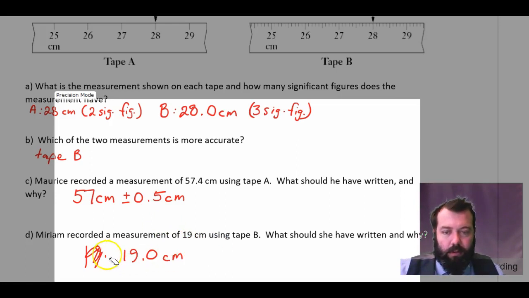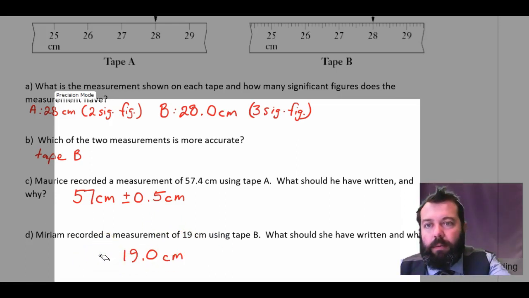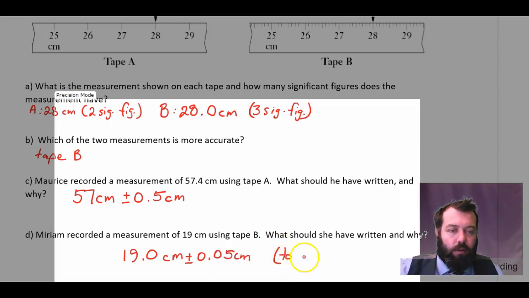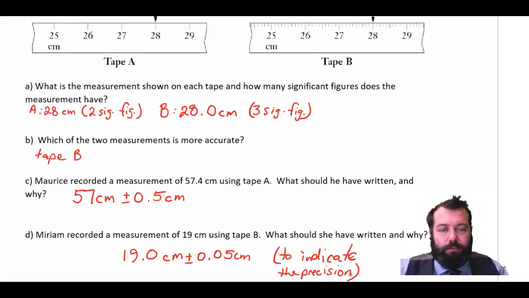Okay, let's get rid of some of these. Back to my pen. Now, we can say 19.0 plus or minus 0.05 centimetres, because that shows the precision. Because we can, we should.